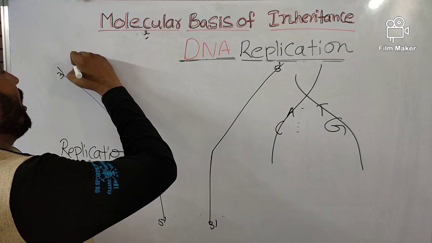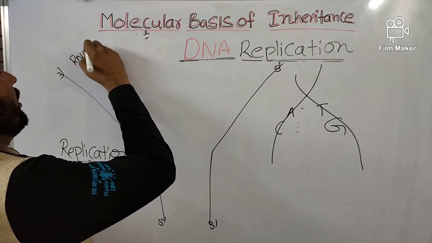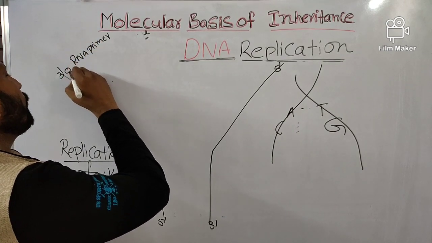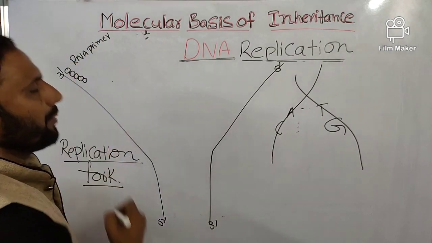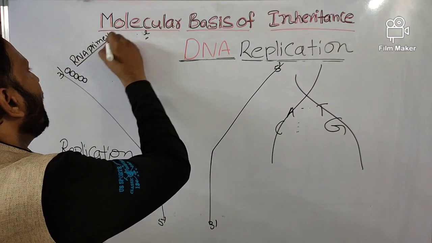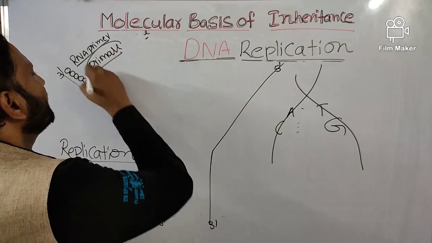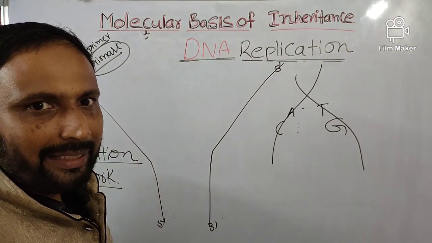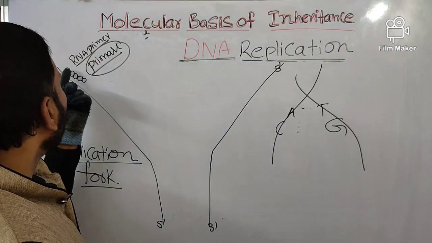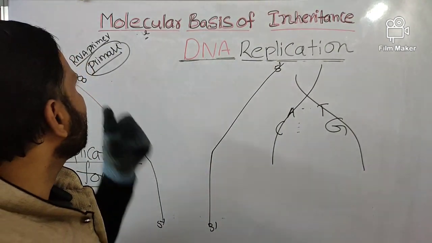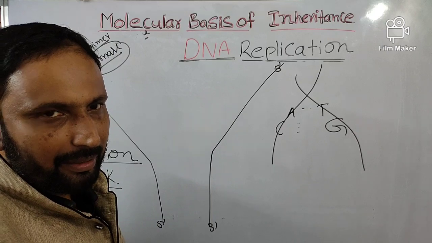There, an RNA primer, which means an RNA nucleotide sequence, is formed because the primase enzyme is involved. The primase enzyme is involved in the formation of the RNA nucleotide sequence. That RNA nucleotide sequence is nothing but the RNA primer.